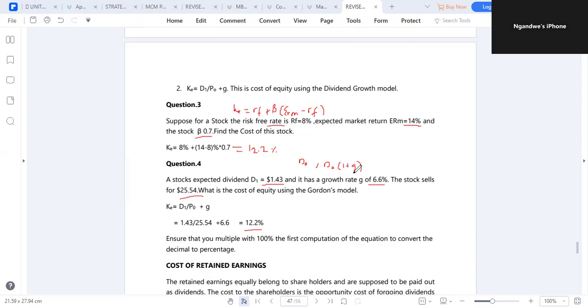This will help you to calculate your dividend for year one. So before we go any further, we can do some examples.